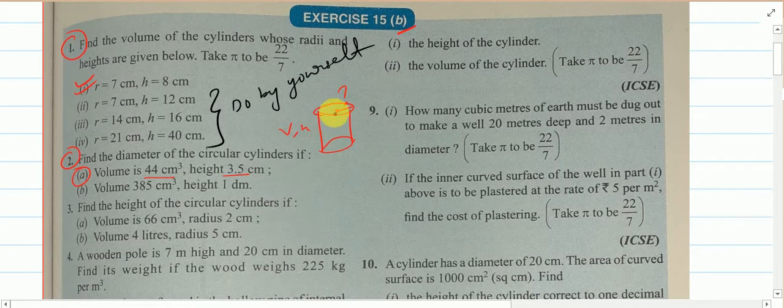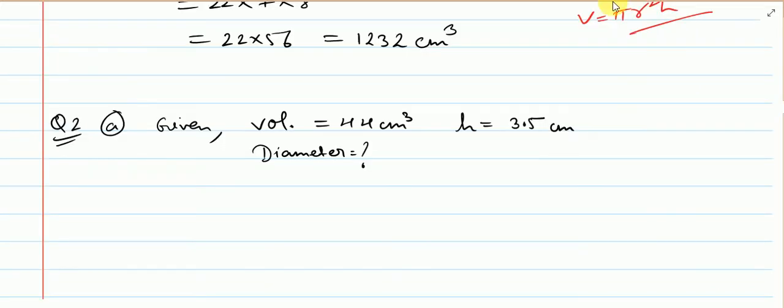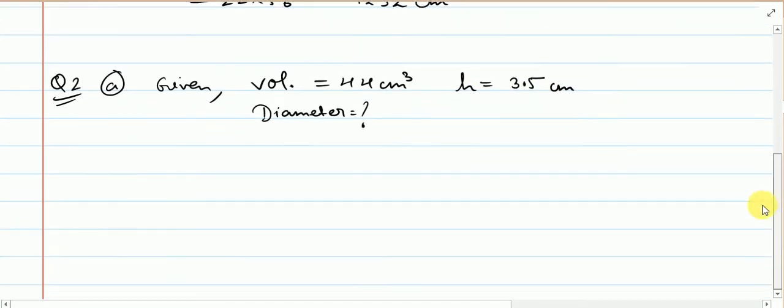Once you find the radius, you can find the diameter, because diameter is twice the radius. Yes. So for this, volume is given and height is given. So let us see this. Okay, so volume is given to us, height is given to us, diameter is not known. In order to find diameter, we should find the radius first.